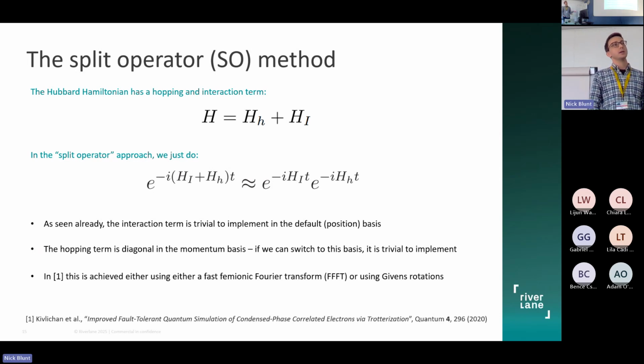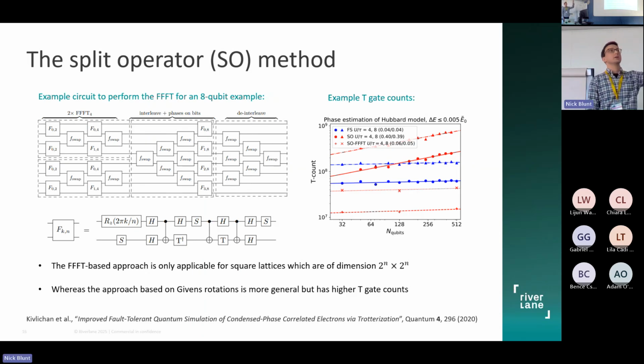In this paper, they look at 2 different ways to perform this transformation. Firstly, using the fast fermionic Fourier transform, and then secondly, using Givens rotations. This circuit is just showing an example of the fast fermionic Fourier transform for an 8-qubit example. And then there are some results, T-gate counts, in the figure on the right.